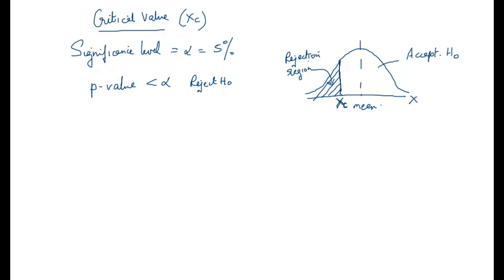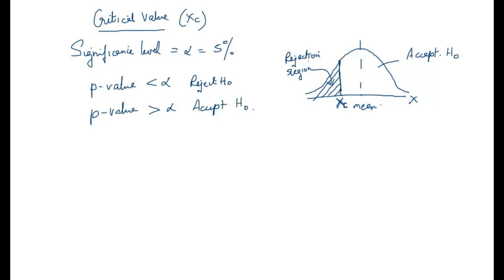So if the p-value is greater than the significance level, then you accept the null hypothesis.